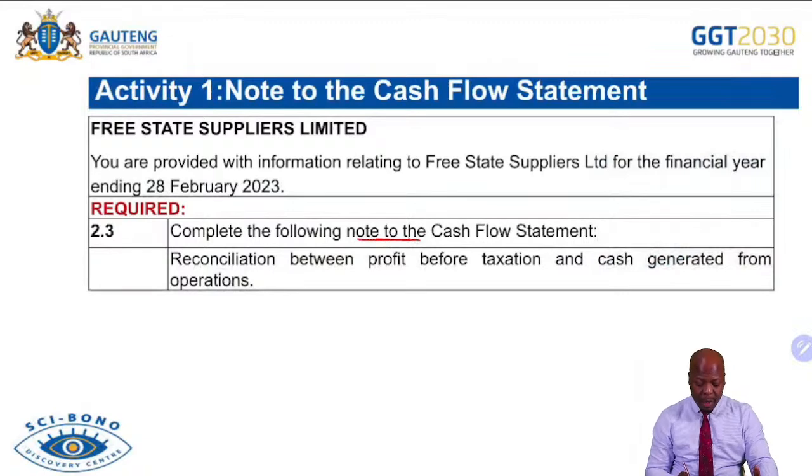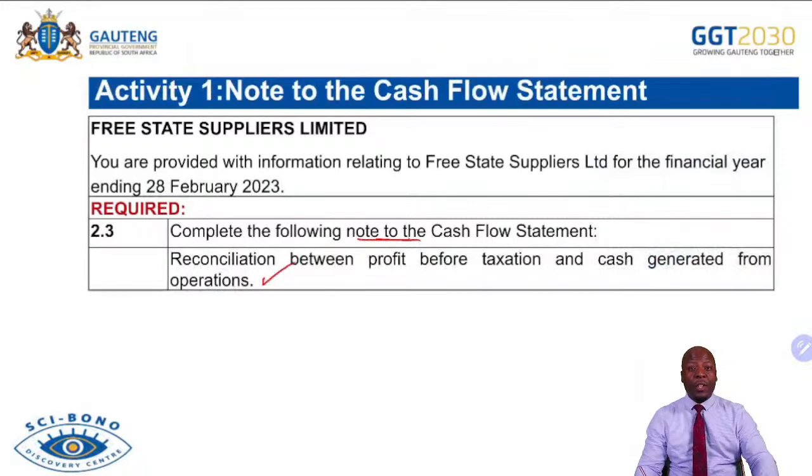We are talking about the reconciliation between profit before tax and the cash generated from operations. I want to encourage you that as I'm writing, you'll be writing as well. When I explain something, please make sure that you take it down so that it helps you to understand the calculations that we will be doing today.